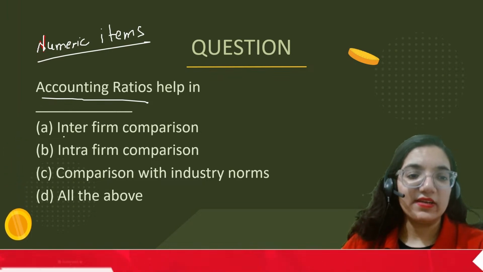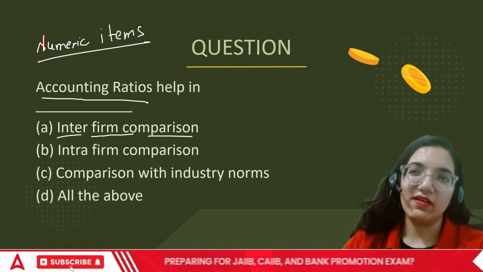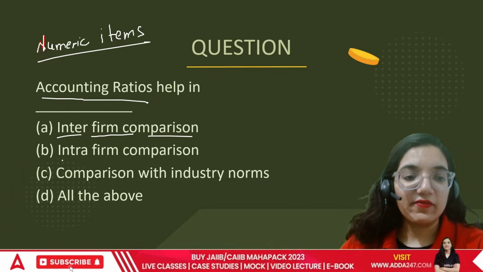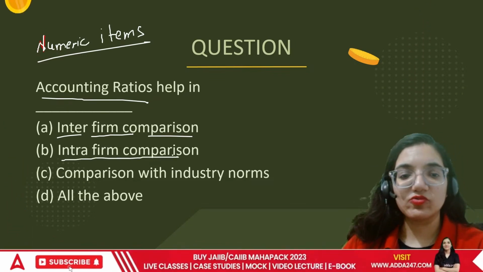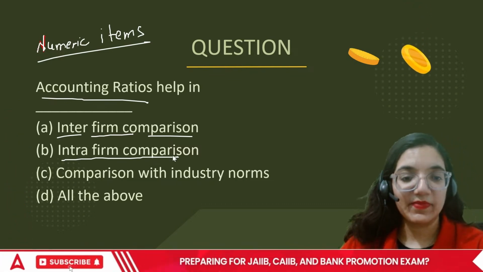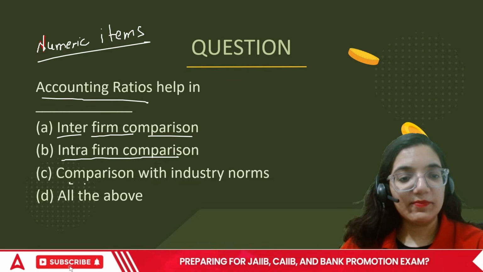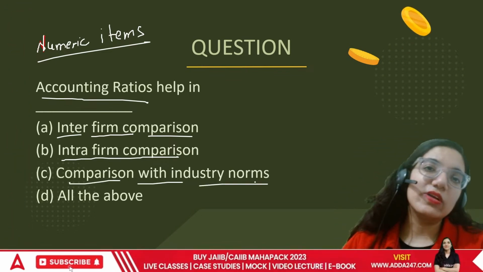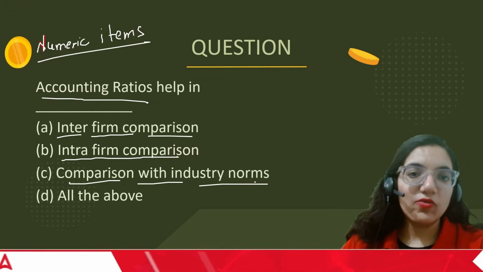What does it do? Does it help in inter-firm comparison? Yeah, you can compare two different firms of the same industry. Then intra-firm, within the firm, we are looking at what happened in the previous year, what is happening in the current year. Then we have the comparison with industry norms. See, the industry altogether itself is growing and we are going at a faster pace.